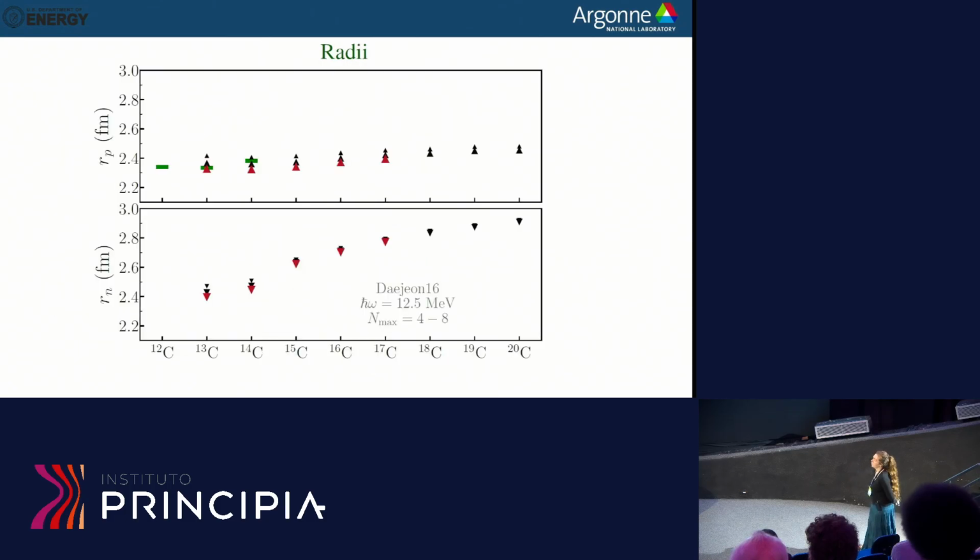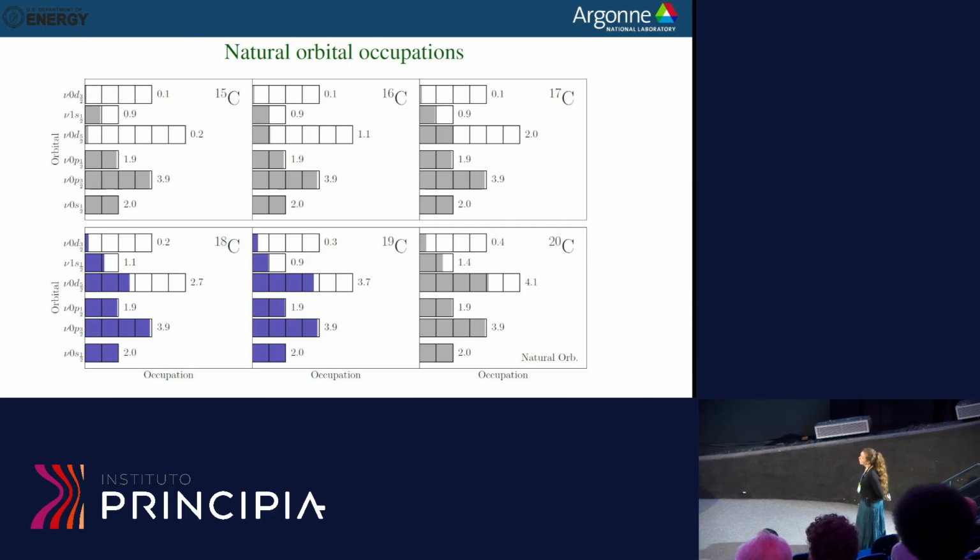And if you look at the calculated radii, again you see a pretty good jump between carbon-14 and carbon-15, as you would expect. Now, if you look at going from carbon-18 to carbon-19, things are a little bit fuzzier. As you go from carbon-18 to carbon-19, all of the extra particle seems to be going into the 0d5/2.